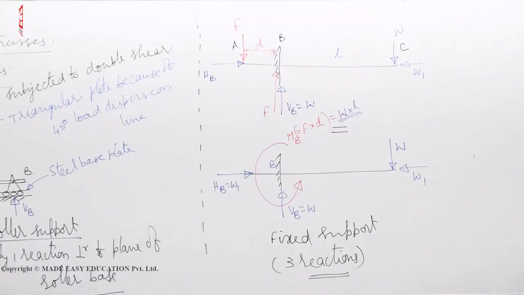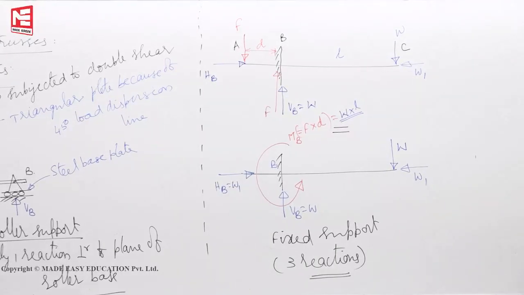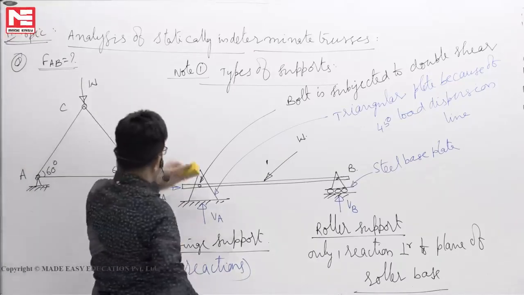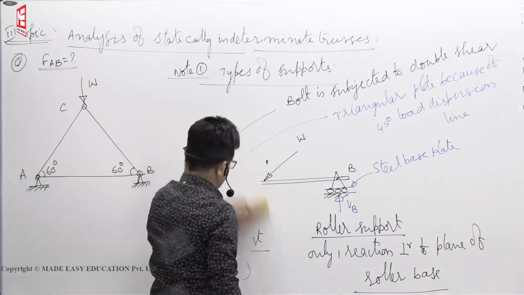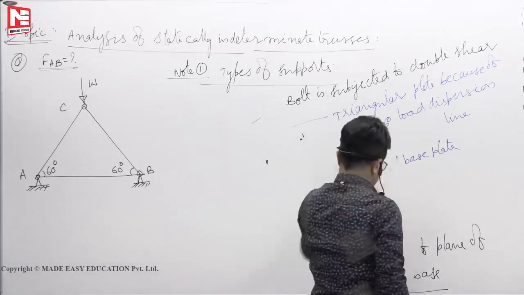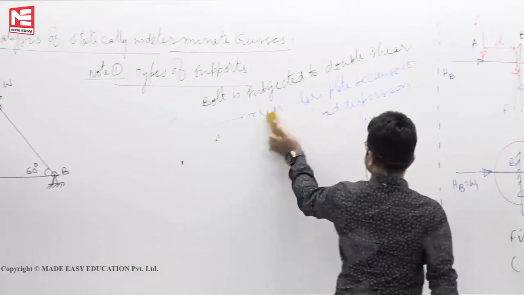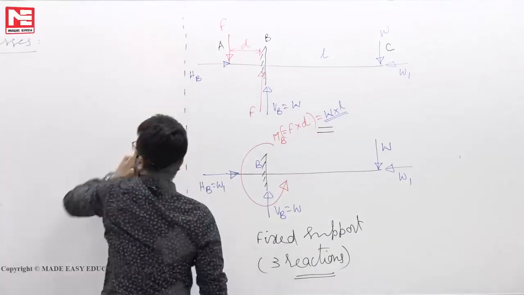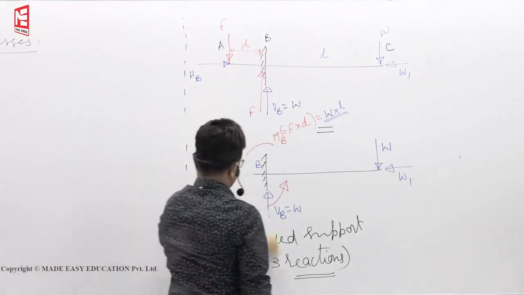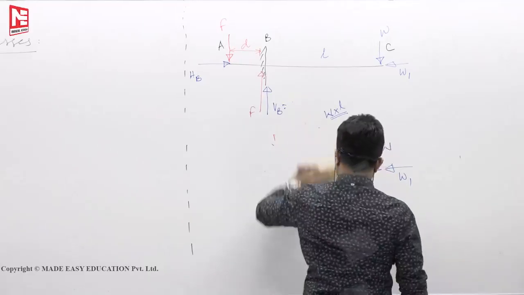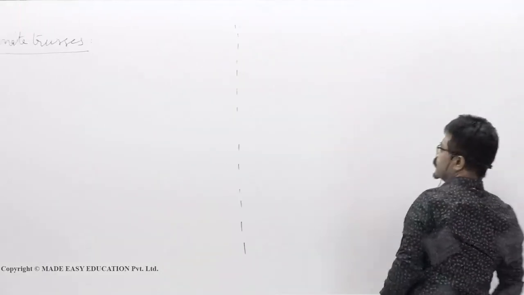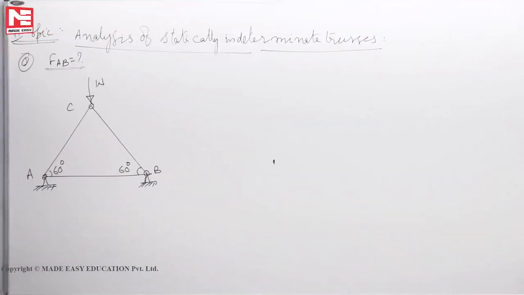Now, these are the types of supports you have studied. Next, second point: now you must also know about the external indeterminacy.